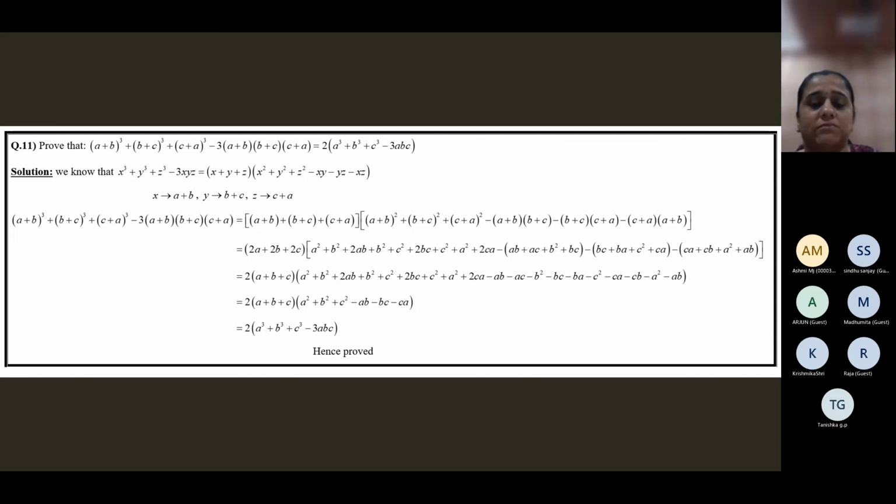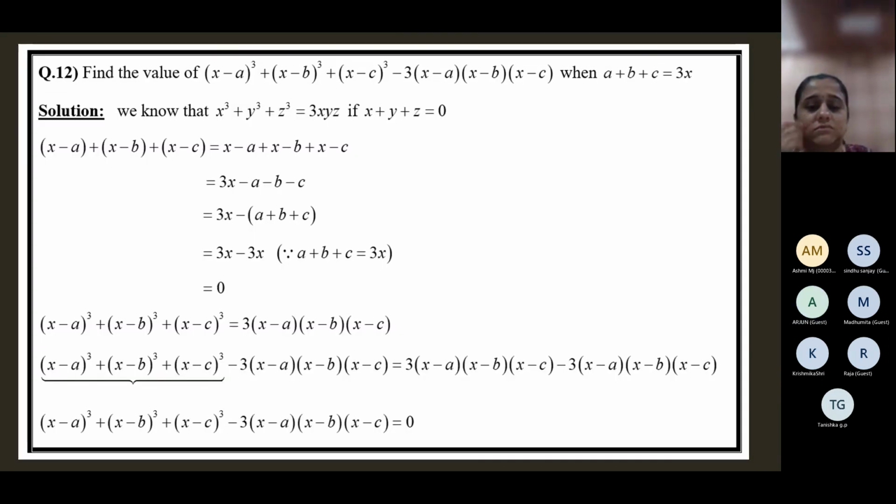Done? Yes, ma'am. Yeah, this one, 12. Okay, so I'll show you again from behind. 12. You don't have to understand anything. Just write it neatly in your notebook. I'll explain this in the next class.